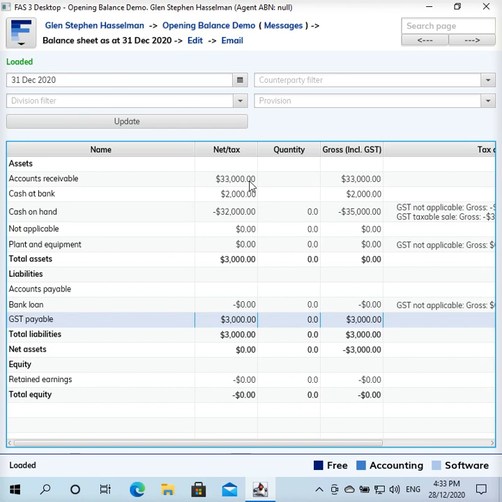Now that will have at this stage made your accounts receivable balance correct and your cash at bank balance is correct.